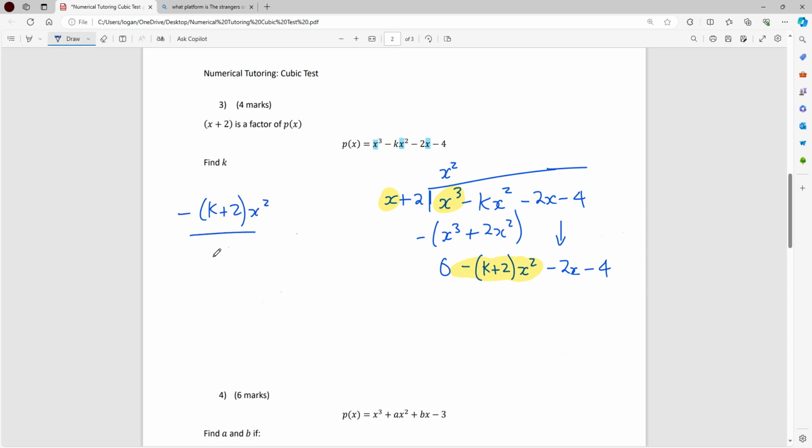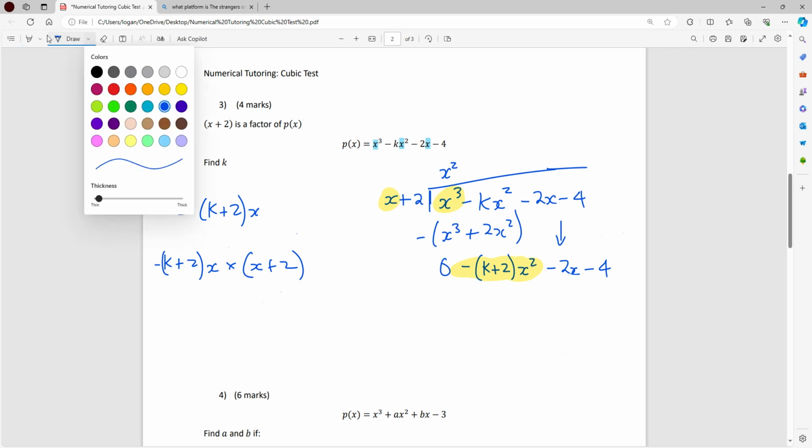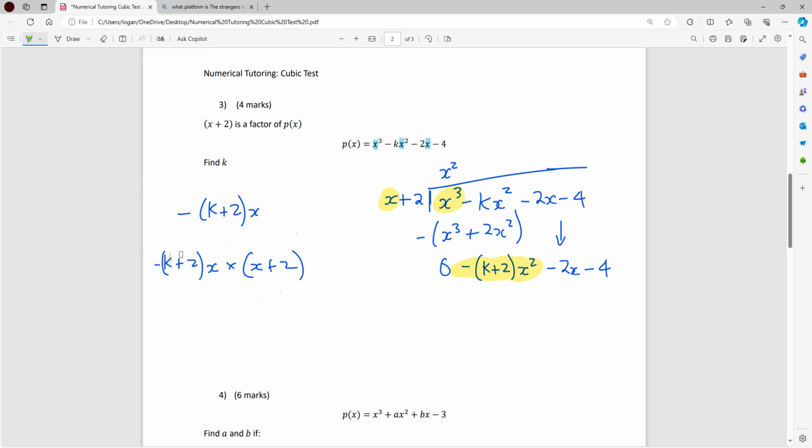X squared divided by x gives you, well, you can cancel out one of the x's, gives you that result there. Okay. Then you pretty much take this bit and times it. So negative k plus 2 x times by x plus 2. So the first bit, just treat this term here as a single thing. So it's going to be this times by this and this.